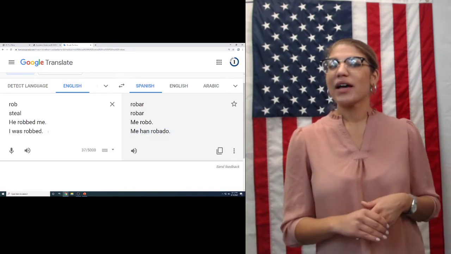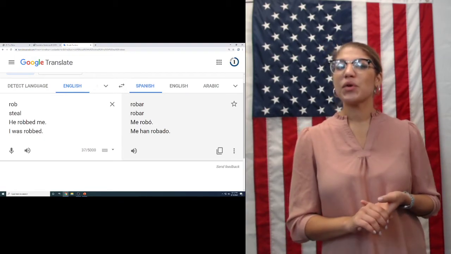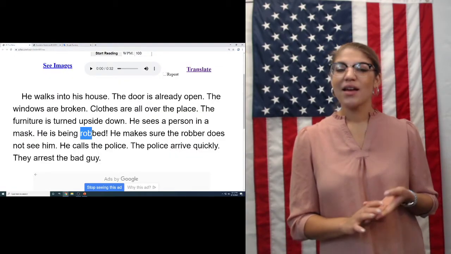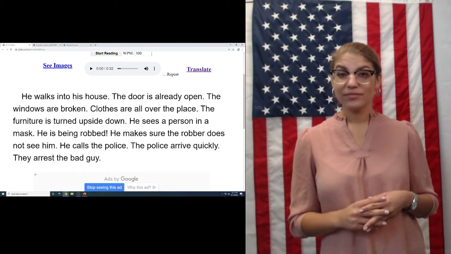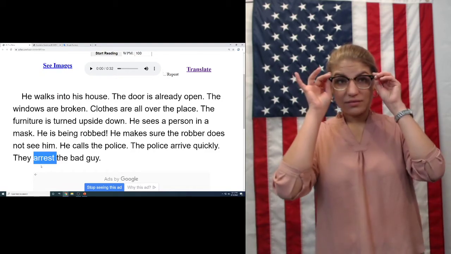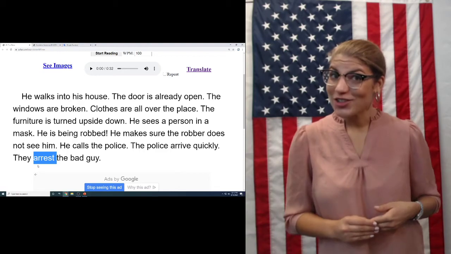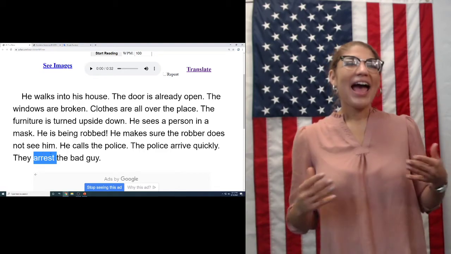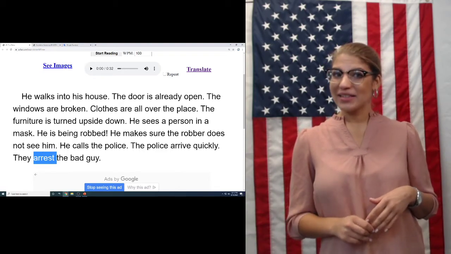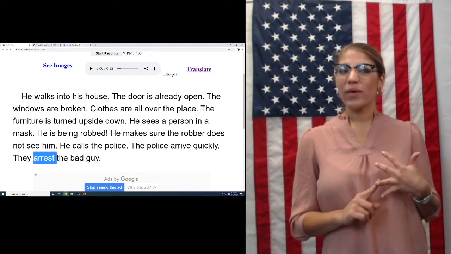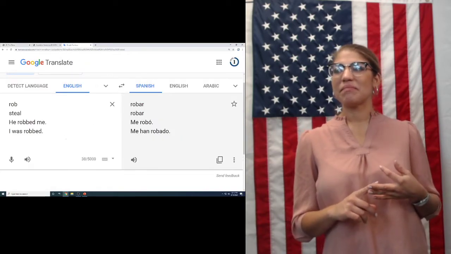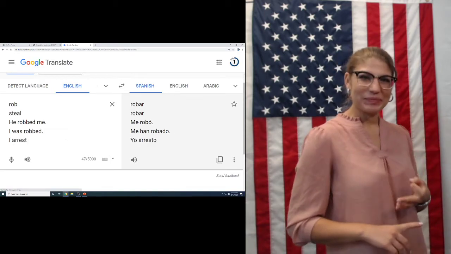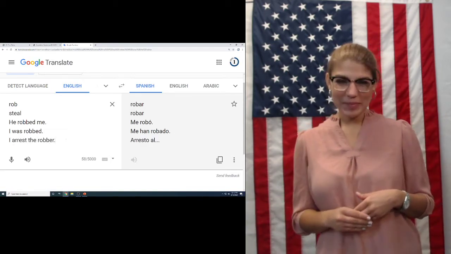The next word I want to talk about is the word arrest. Arrested. Arrest is also a verb. And we can use the word arrest like I arrest the robber.